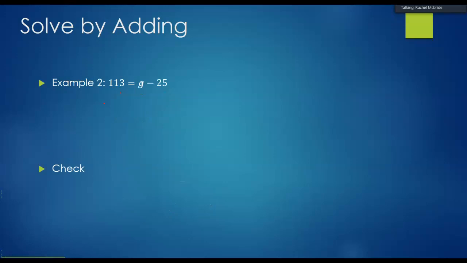Okay? So we have 113 equals G minus 25. How do I isolate my variable? What am I going to move, Colton? Add 25 to this side. Perfect. We're going to add 25 to both sides.